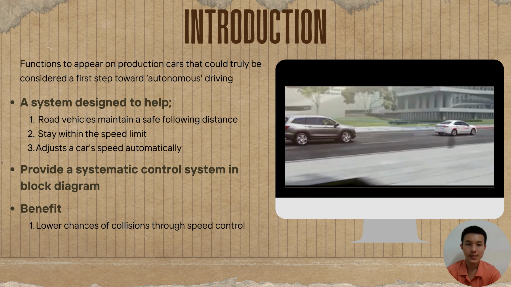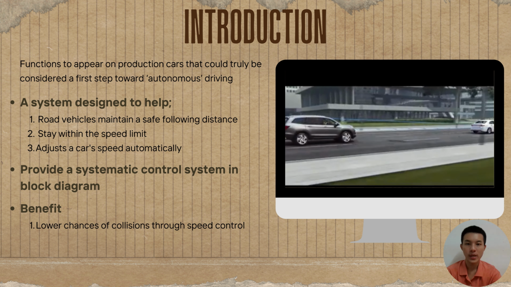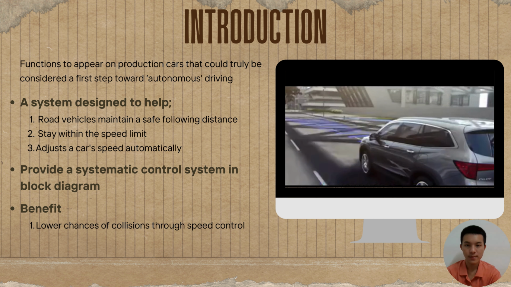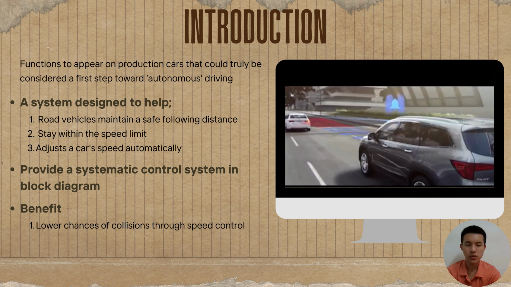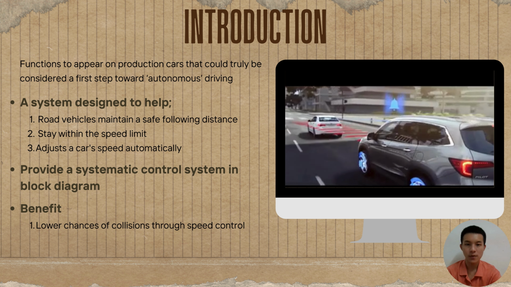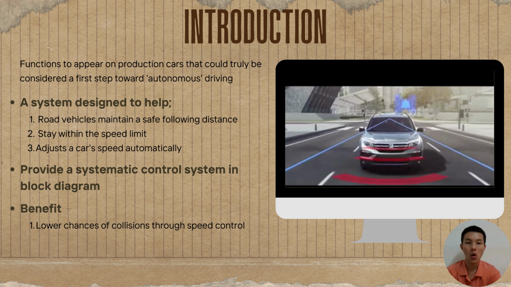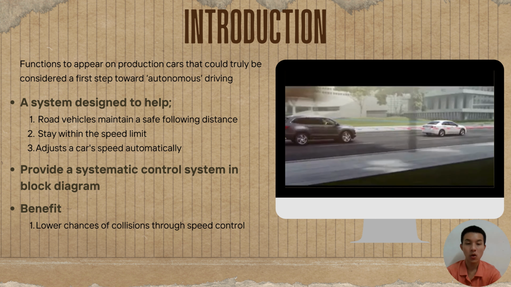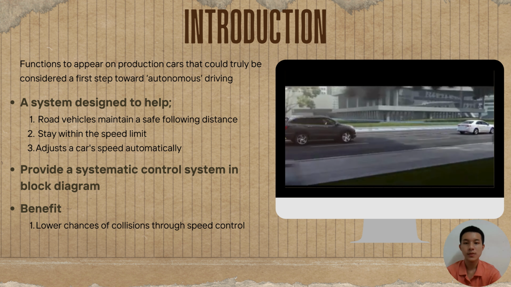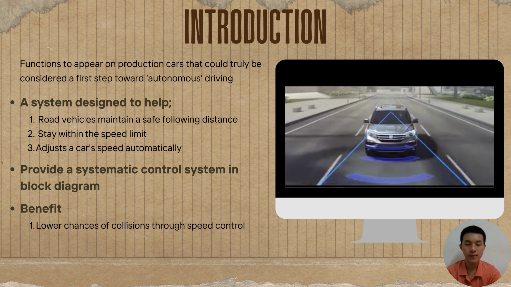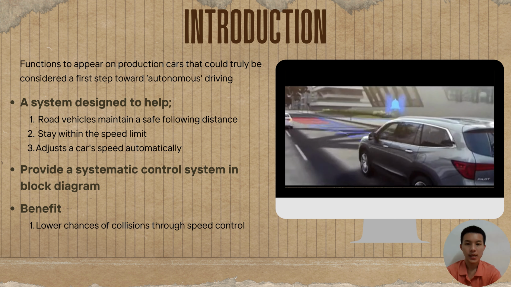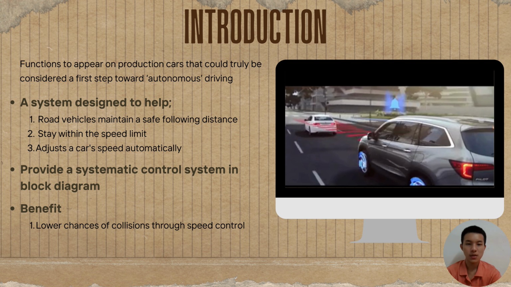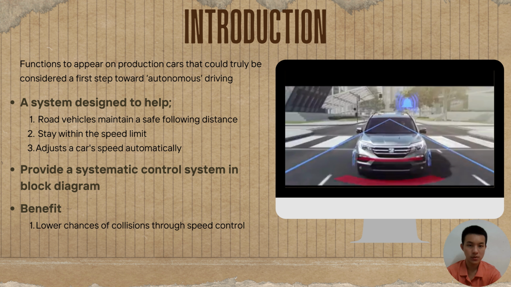So at the following slide, we'll provide a systematic control system in a block diagram to show a clear image of the system during the operation and the components as well. The advantage of the adaptive cruise control is to lower the chances of collision through speed control.